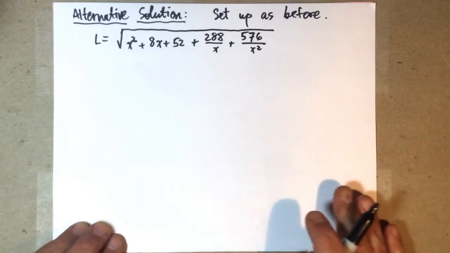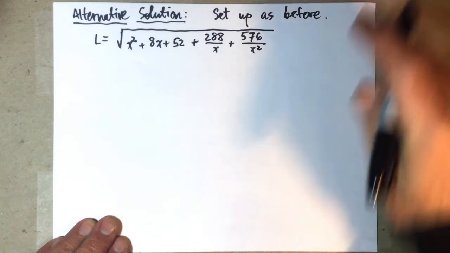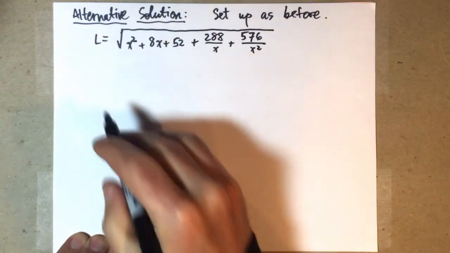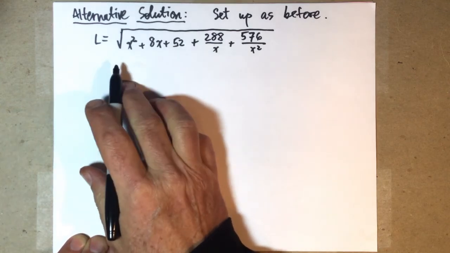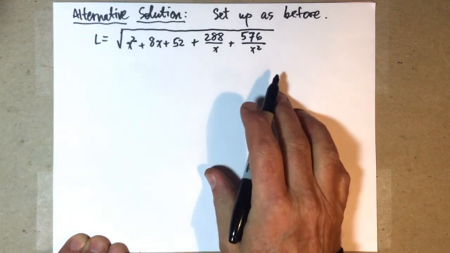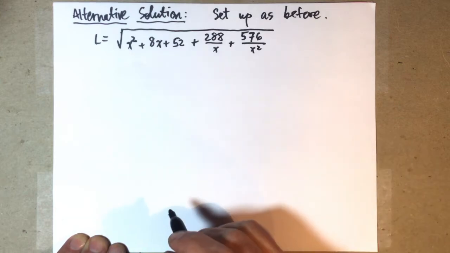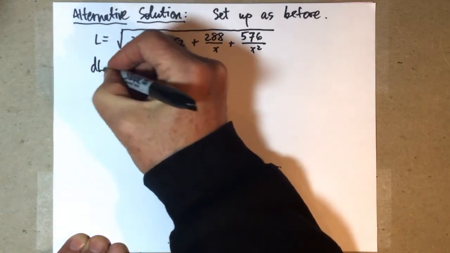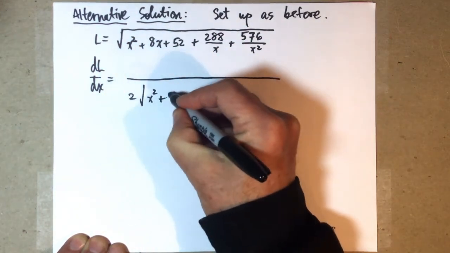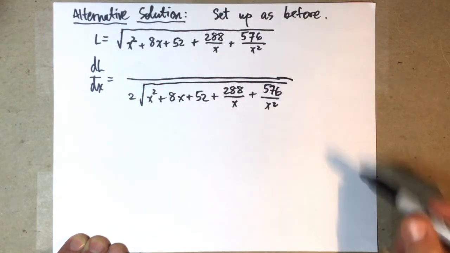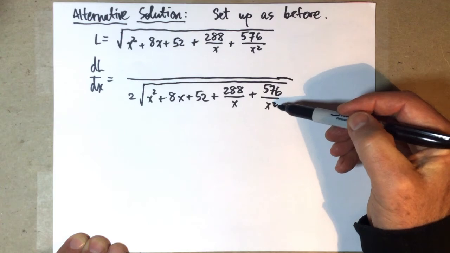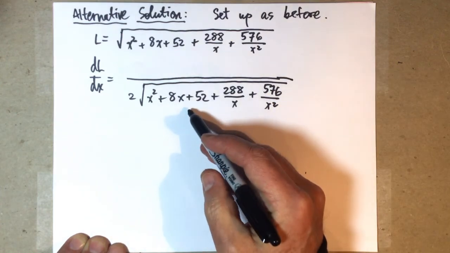So I promised I would compare the alternative solution where we set it up as before, but then instead of working with the squared length, we go directly to the length itself. That's by taking the square root. It gets a little ugly, but no matter, when we take the derivative, all this ugly stuff ends up in the denominator, and what appears in the numerator is what we get from the chain rule.